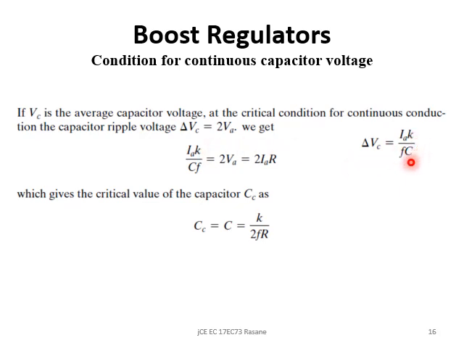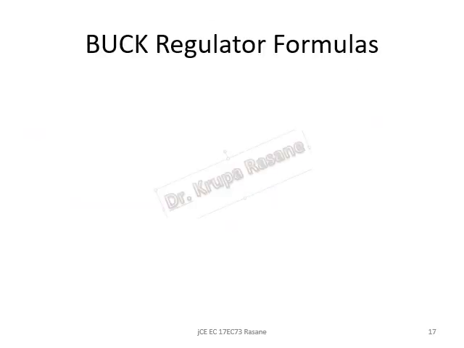It is Ia K upon F C. Substituting for delta Vc as Ia K upon C F, that becomes equal to 2 times Va, and we know Va is nothing but the product of Ia into R. So which gives a critical value of the capacitor Cc, which is equal to K upon 2FR. So we have evaluated the critical value of the capacitor.